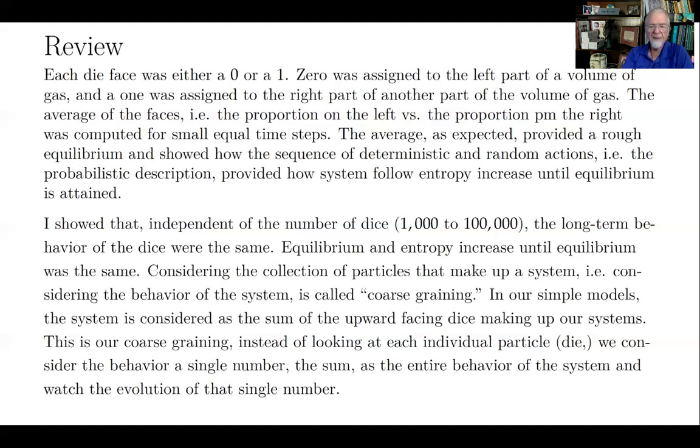So this is an analog that I thought might be easier to understand than entropy, of how equilibrium works in a gas, how a system follows entropy increasing until equilibrium is attained.